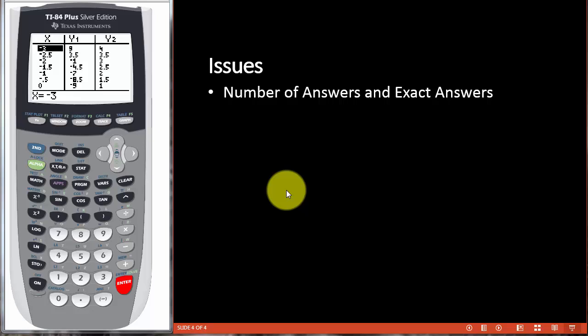But another question that can come in is, how do you find the exact answers? Because sometimes, like when we did this problem back here, the exact answer may not be -2.5. It may be -2.4 or -2.3, or it may be in between -2.4 and -2.3.